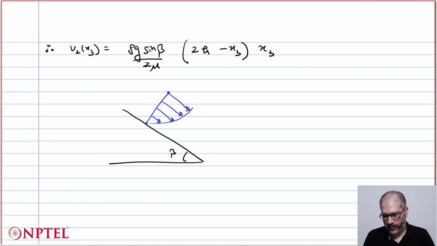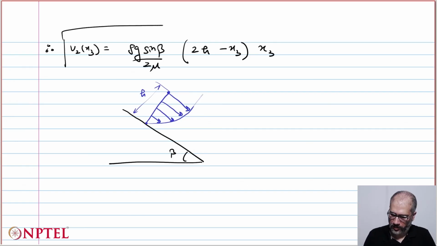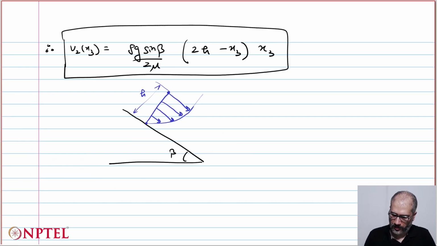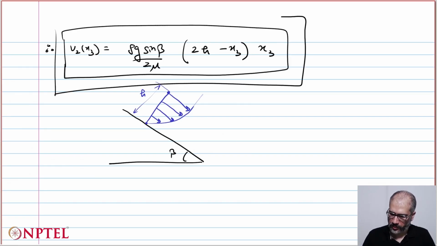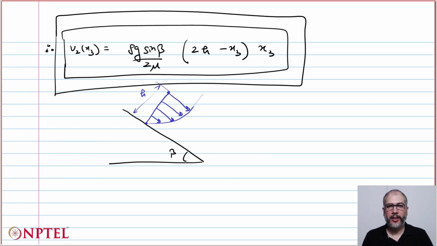And on the top surface, that's at a height of h, we found that v2 comma 3 is 0. So that means that this function becomes flat on the top surface. I'll put a box here, in fact a double box, because this is what we had to find.